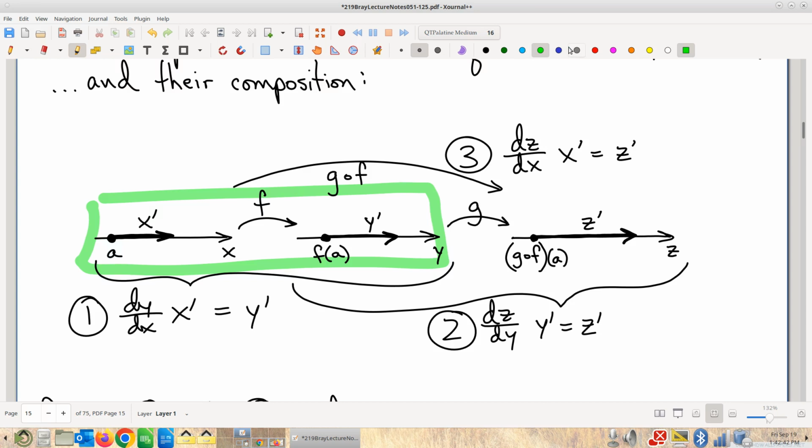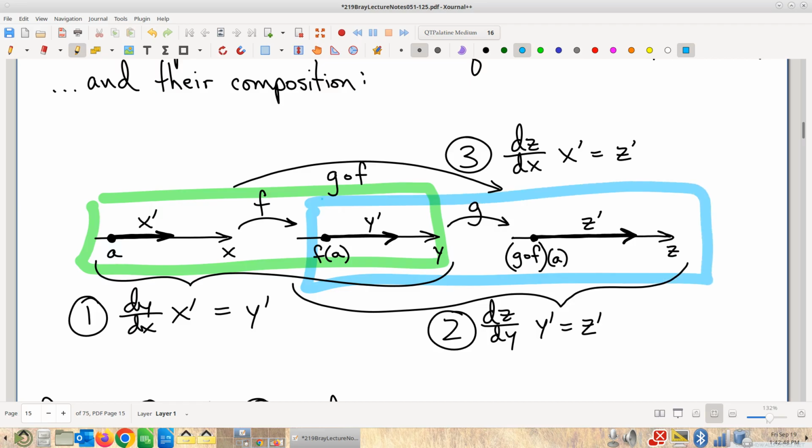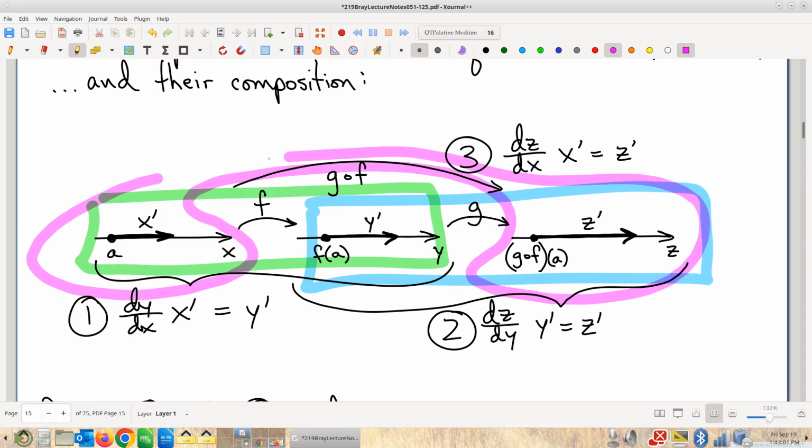There's another single variable function. Y is the input and Z is the output. And then there is a third single variable function, namely the composition, that takes X as the input and gives Z as the output. It's doing F and G together all at once as a single function.